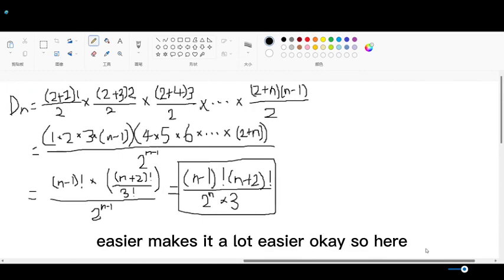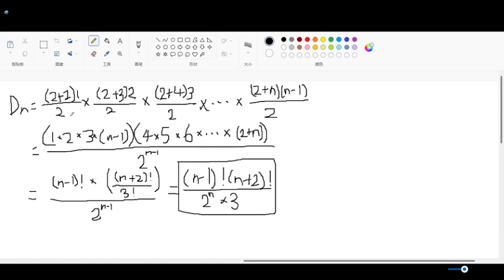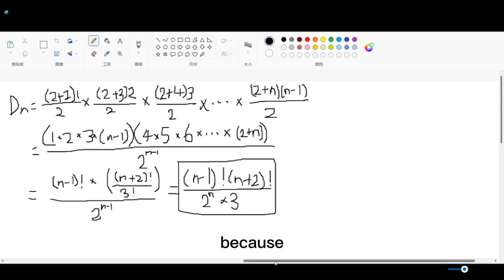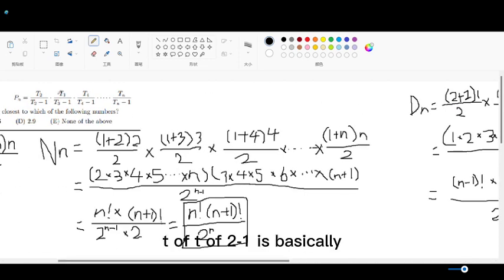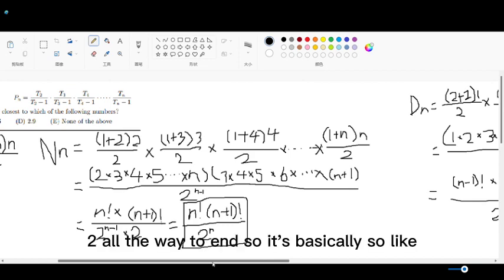Okay, so here d of n is basically 2 plus 2 times 1 divided by 2. You may go like, what does this mean? Because now t of n minus 1, as I said, is the sum of 2 all the way to n.